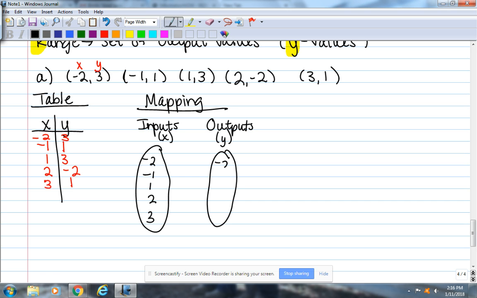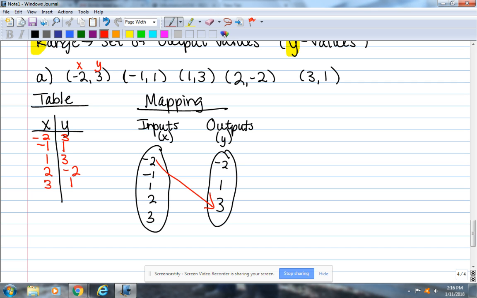So lowest to highest, -2, 1, 3 are my only different y's, aren't they? And so you put them in numeric order, top to bottom. And then -2, 3, the x value -2 maps to a 3. So you draw an arrow to what it goes to. That's why it's called a mapping.